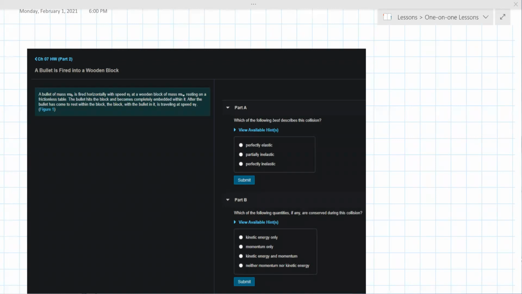Start there. Okay, so a perfectly elastic collision is defined as one where there's no loss of kinetic energy. That's usually not the case in reality, but I want to say that this is a perfectly elastic collision. Do you want to try that for part A?